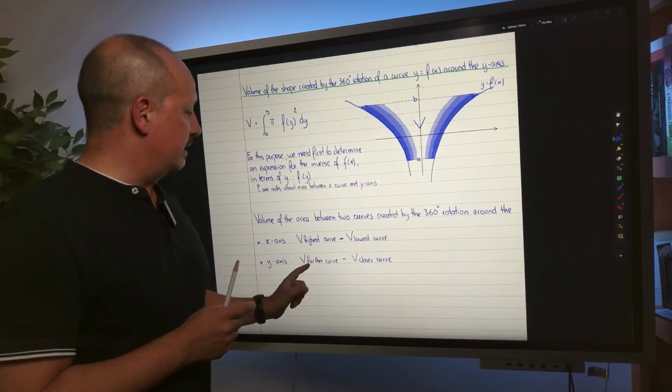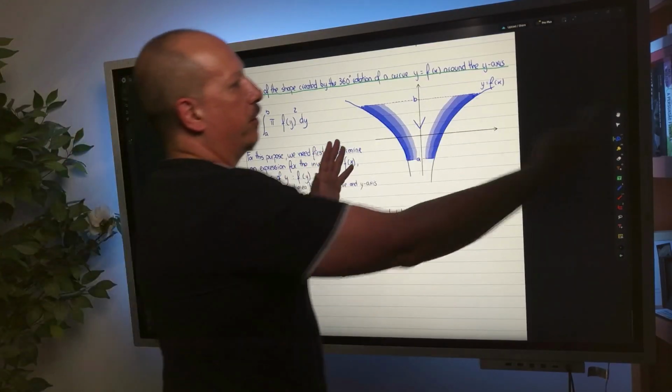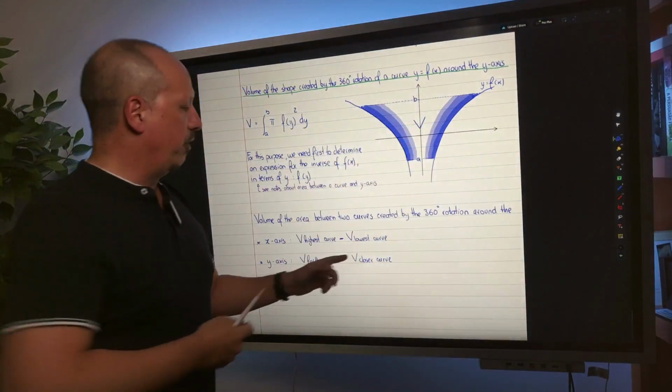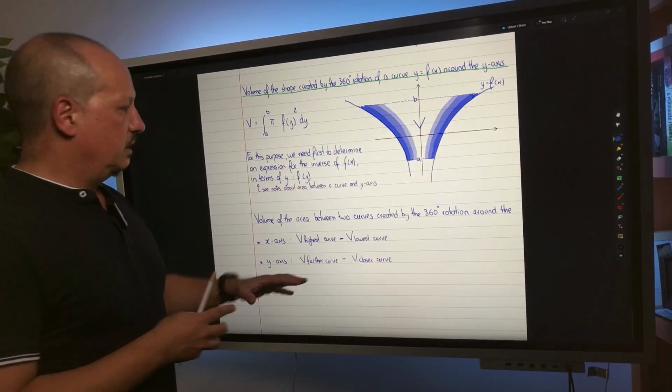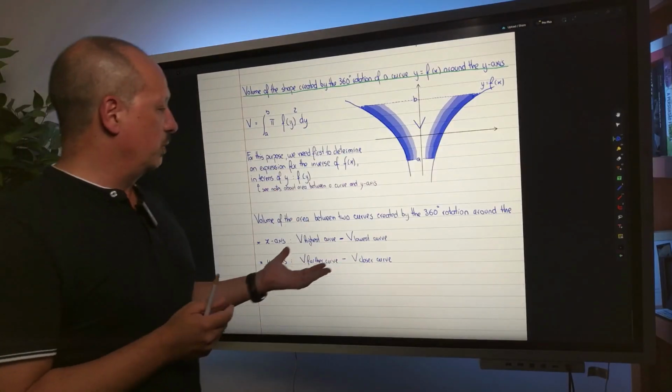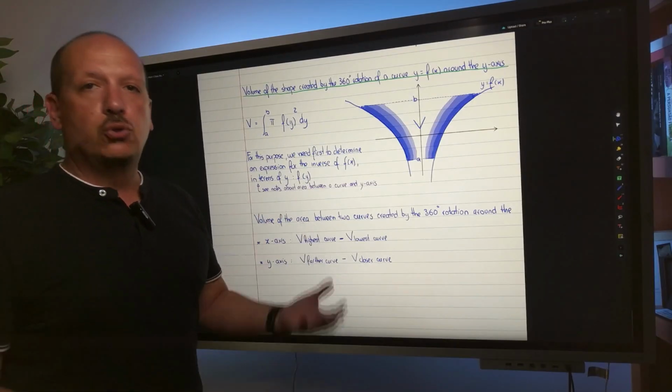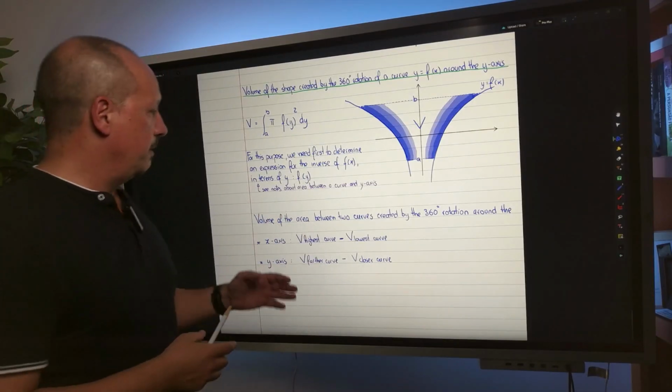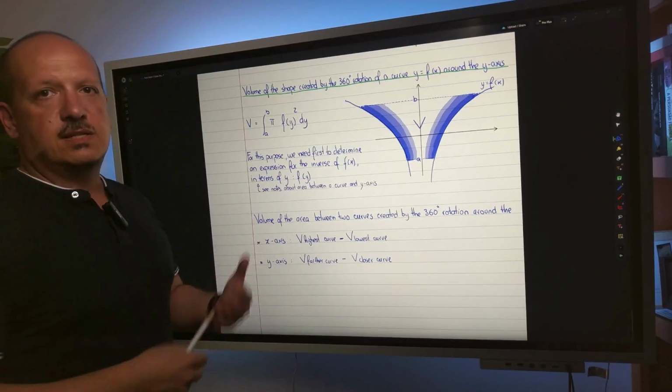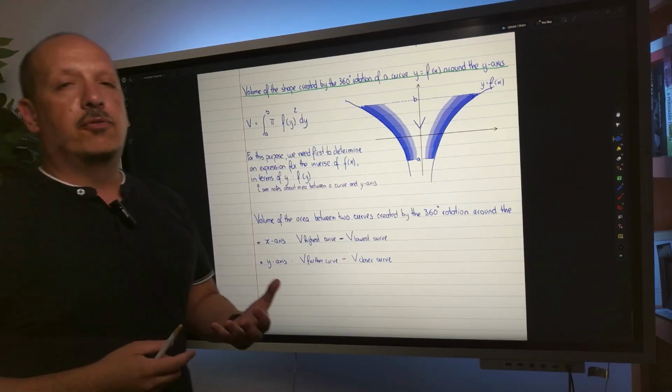And for the y-axis, it is the volume of the farther curve to the y-axis minus the volume of the closer curve. This is as complicated in terms of math as you will get, but still very simple. The tool that you are using is the same, it is integration. You just have to get two volumes and subtract the smaller from the biggest.